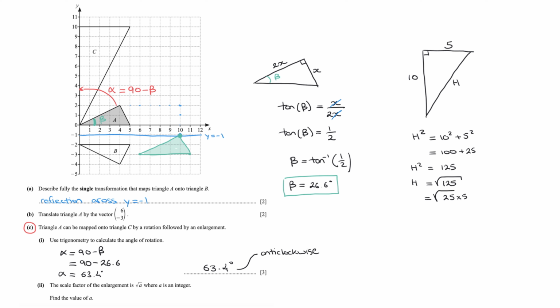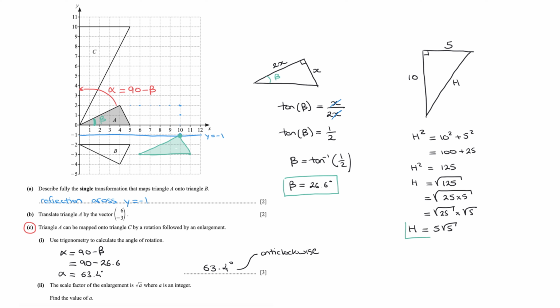So we have h equals the square root of 25 times 5. I can now split that into two separate square roots, so that's the square root of 25 times the square root of 5, and since the square root of 25 is equal to 5, we can state that capital H, that's the hypotenuse of triangle C, is equal to 5 root 5.